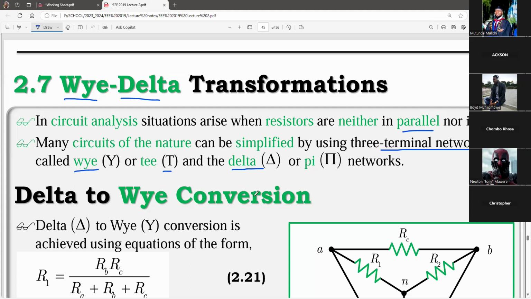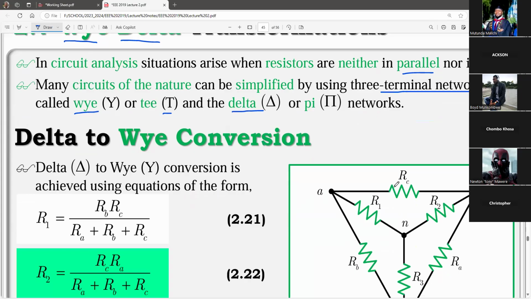Why you need to know this transformation is that when you look at the circuit, just in case, for example, at A, there was another resistor there coming to B, but then this RC is not there. I don't know if you get what I mean.